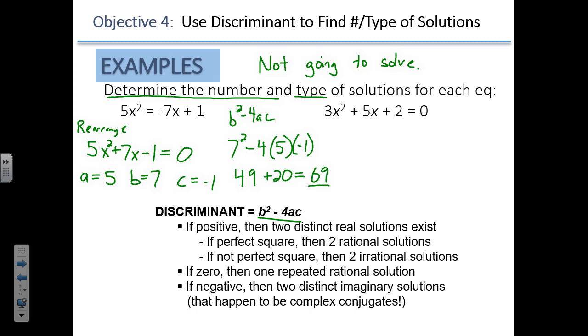Since our discriminant turns out to be 69, that is a positive value, but it's not a perfect square. So this is the situation we have here. And since it's not a perfect square, if we continue to actually solve that, we would get two irrational solutions. Let's just verify that that's the case.